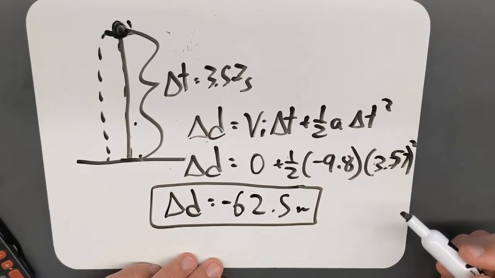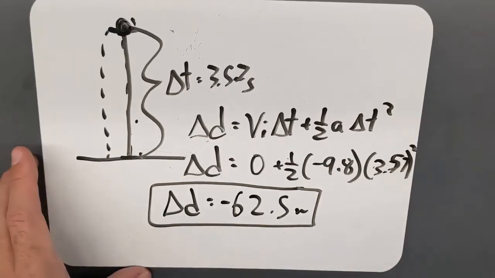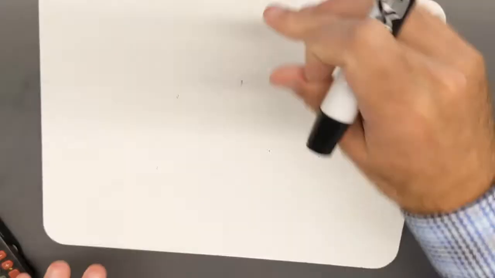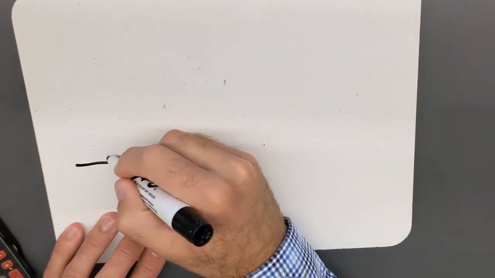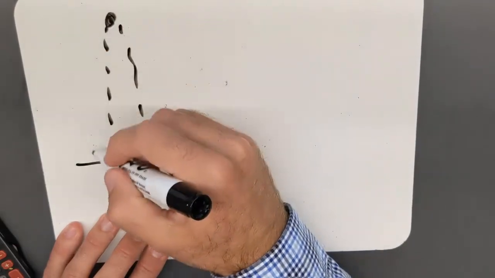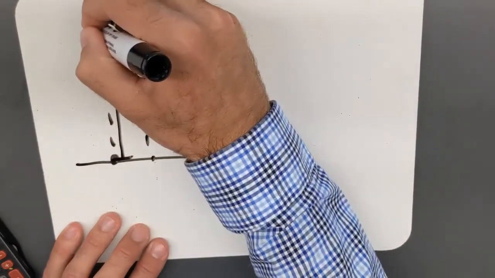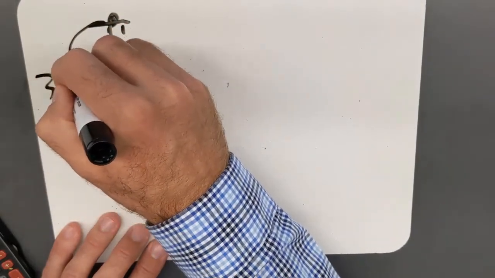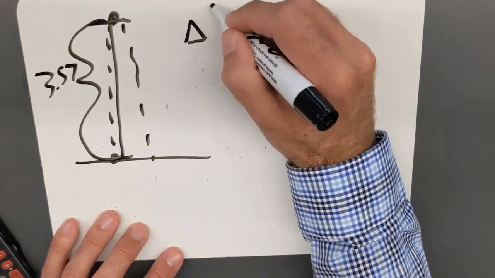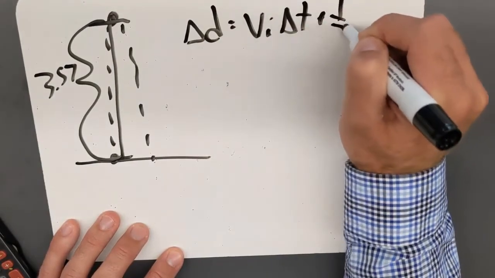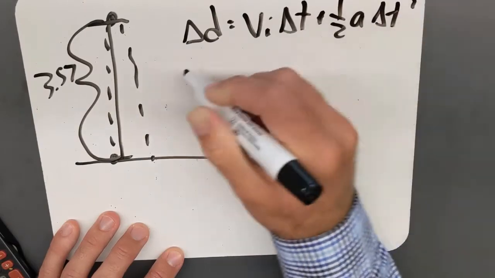All right? Now the last way we could do this, same exact problem, to find how high, is simply going from here up to there. That's the way most people would traditionally think about it. From there, how high did it go? Well, path up equals path down. We already know that that's 3.57. And in this problem, we have delta D equals V initial delta T plus 1/2 A delta T squared.